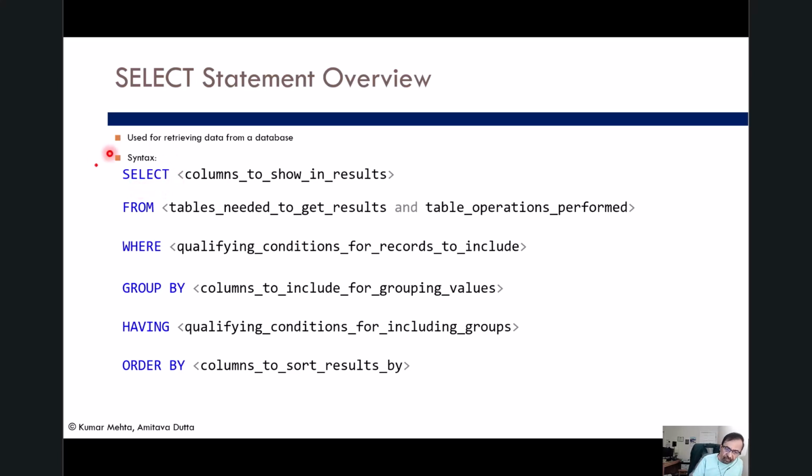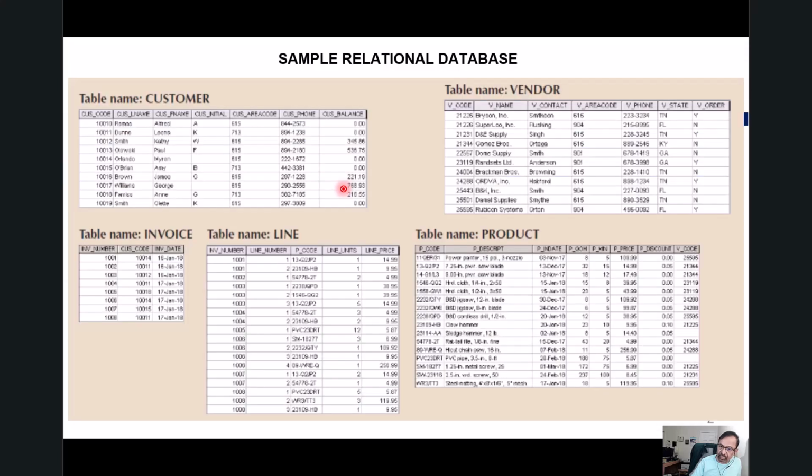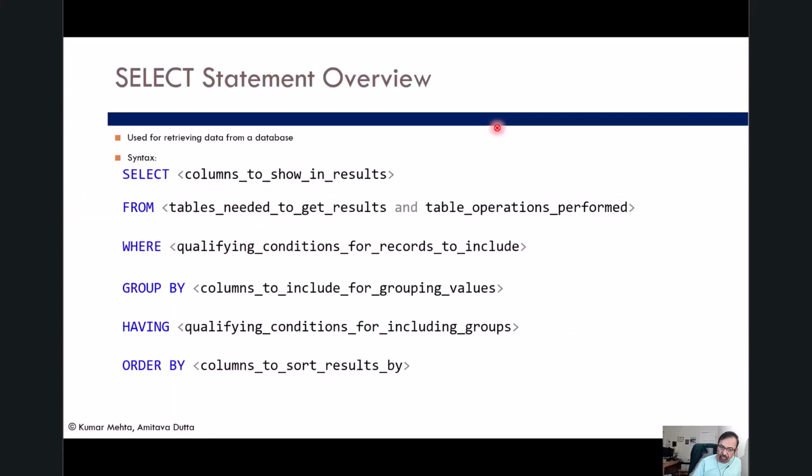Now, after the word select, what do you list? These are the columns that you want to pull out from the database. So remember that little example that we had. If I want to know the names of all the vendors, I would list vendor name as the column that I want to extract. Okay? So following the word select, you would list the columns that you want to extract from the database.